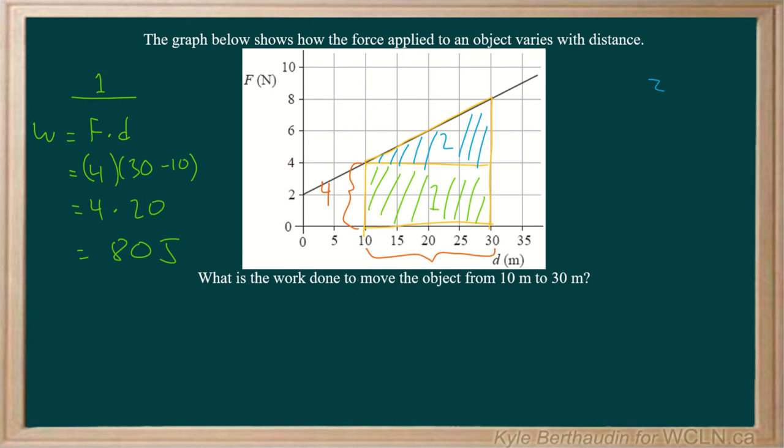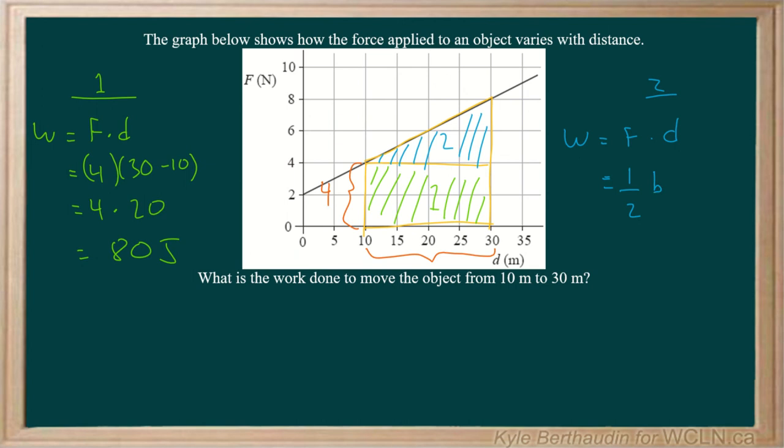Let's find the area, or the work, of triangle 2. Once again, work is equal to force times distance. We can, in fact, rewrite this as the work is equal to the area of the triangle, and the area of a triangle is 1/2 times the length of the base, which we can call distance, or we can call base.